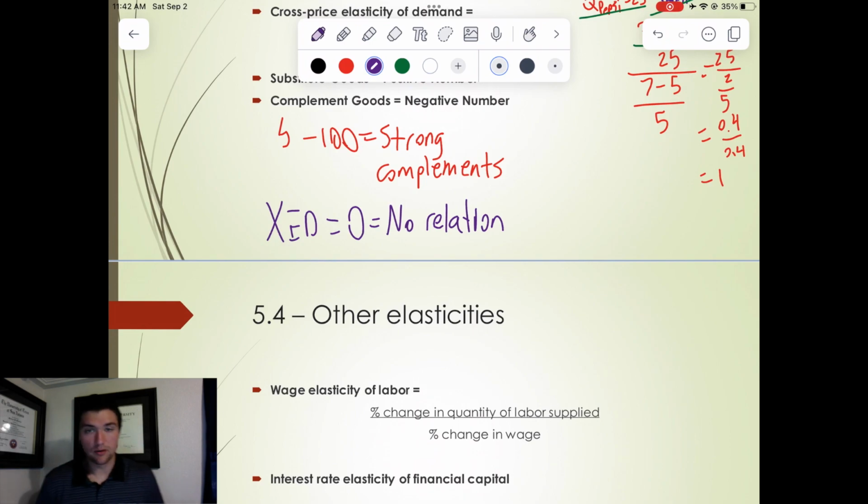Okay, so think about it from this standpoint, right? Like if the price of milk goes up, how would that affect your demand for shoes? Right? I mean, are these substitutes? Hopefully not. Are these complements? They could be, but let's think about it. It's milk and shoes. Okay, so probably not. So those two, right, would be closer to 0 in the sense of no relation.